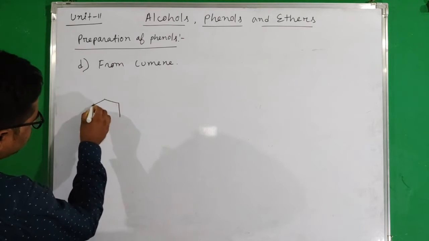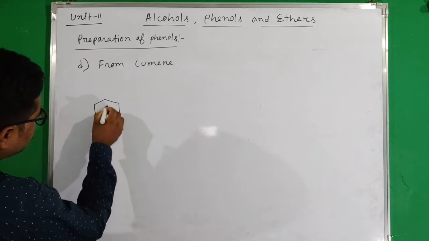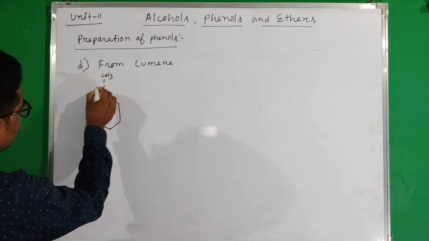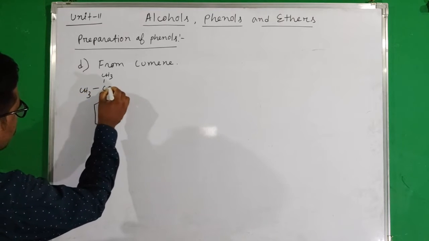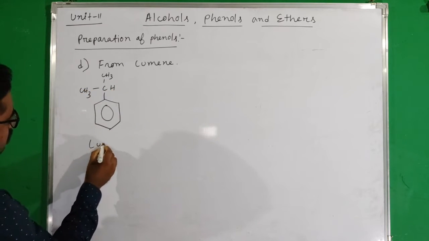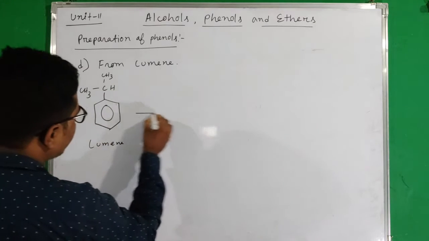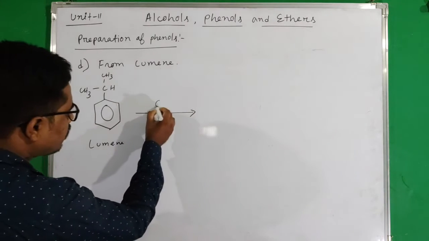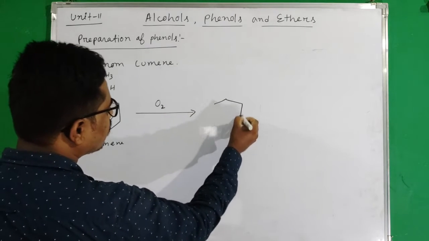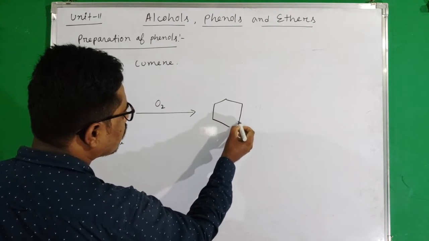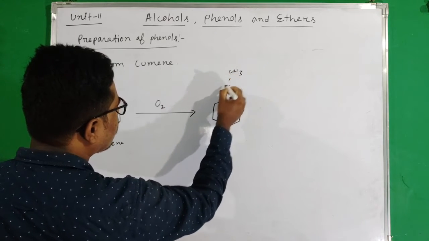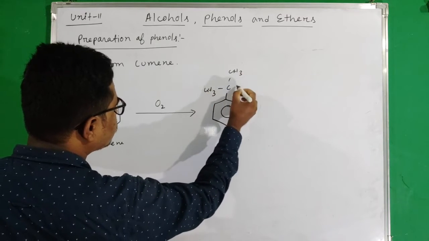This compound is known as cumene. Now when cumene is treated with atmospheric oxygen, then the product is this one.